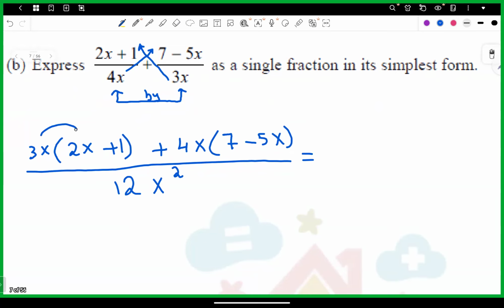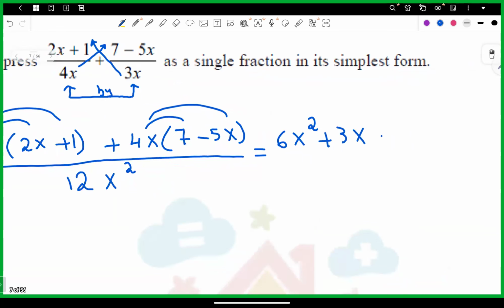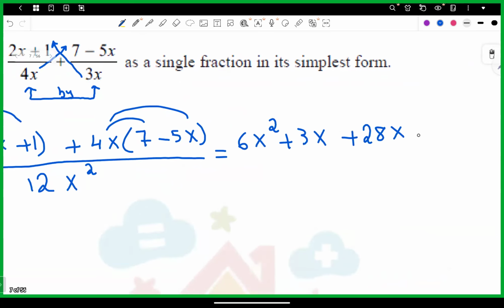And then expand the brackets: 3x by 2x equals 6x squared plus 3x, plus 4 times 7 equals 28x, minus 4 by 5 equals minus 20x, over 12x squared.